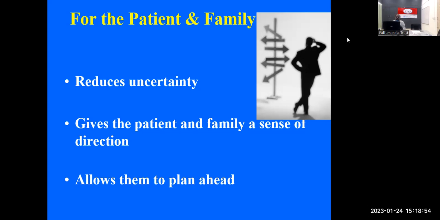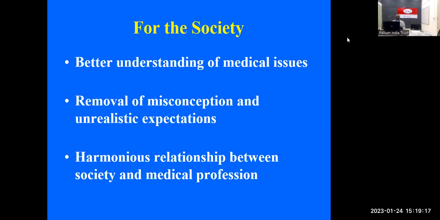So we actually need to give a direction in which the patient and family need to go. It will help to reduce the uncertainty and will also help the patient and family to plan what treatment is necessary, and if something happens in the future, what we need to do. So it is beneficial for the patient and family.